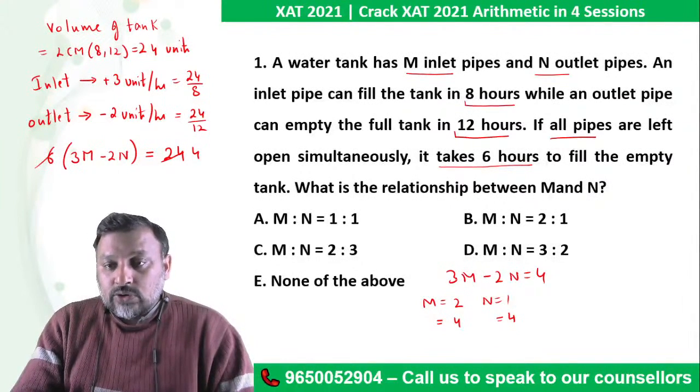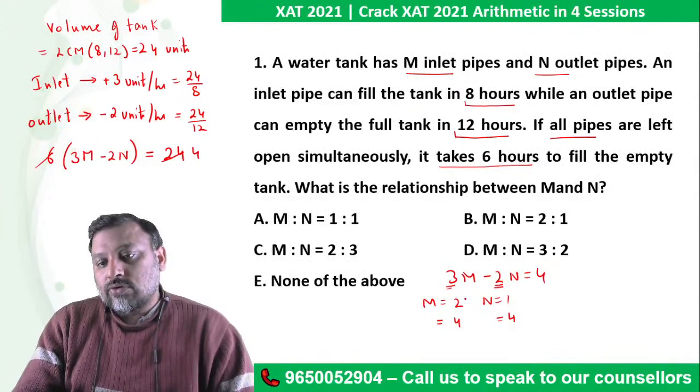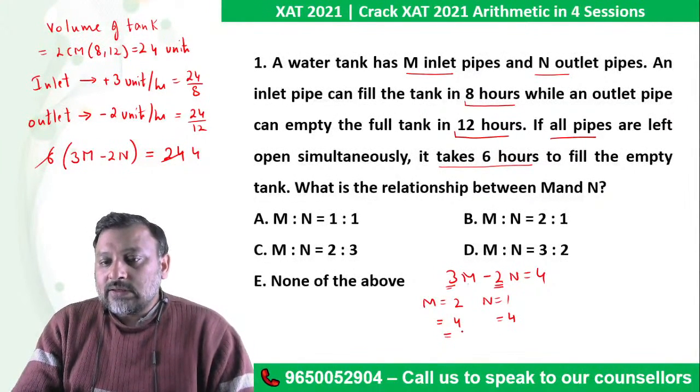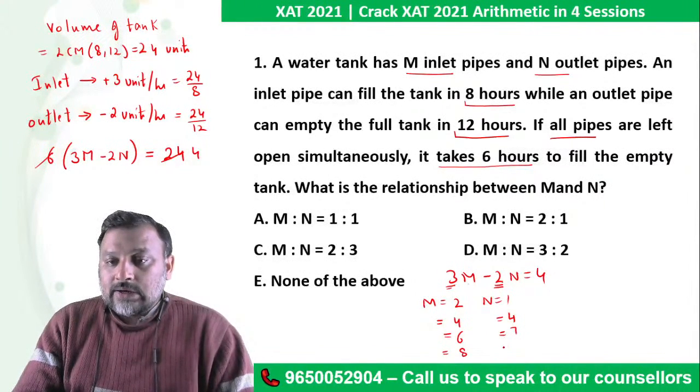I think all of us know how to solve these equations. You just have to increase the value of m by the coefficient of n, so keep increasing m by 2, and increase n by the coefficient of m, that is 3, and you will keep getting these solutions: 6 and 7, then 8 and 10.